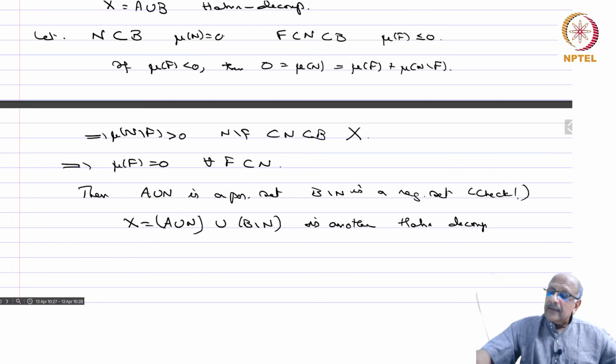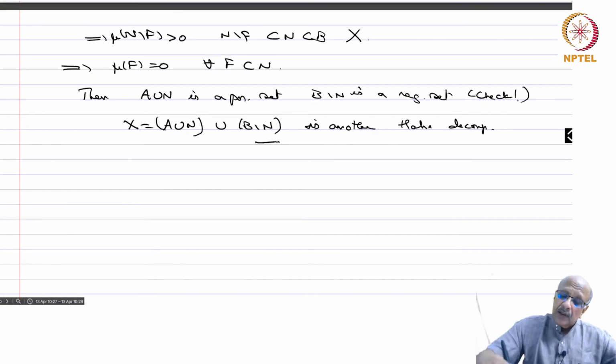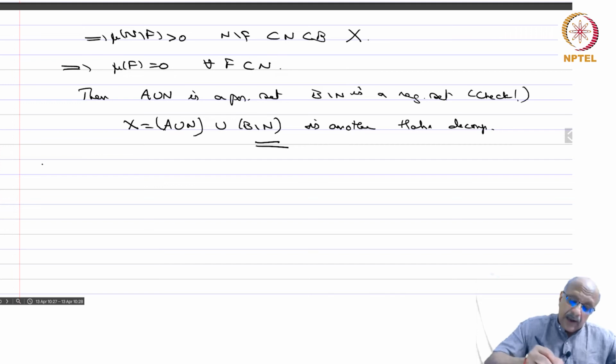So you can take sets of measure 0 in a Hahn decomposition and put them either place and produce a new Hahn decomposition, and this is the only way you can do it, and that comes from the following proposition.